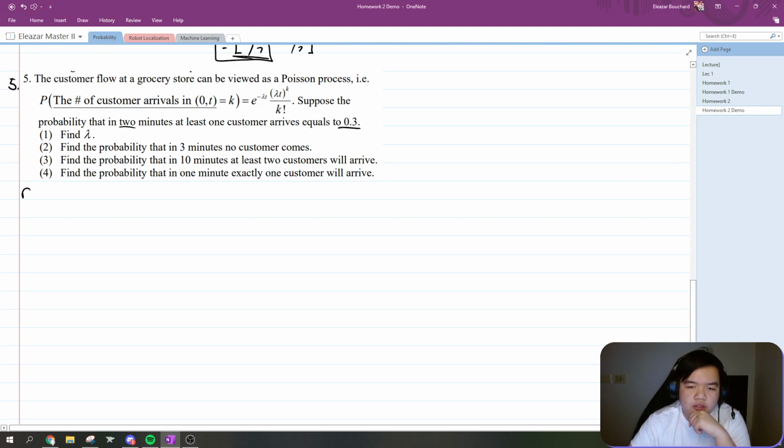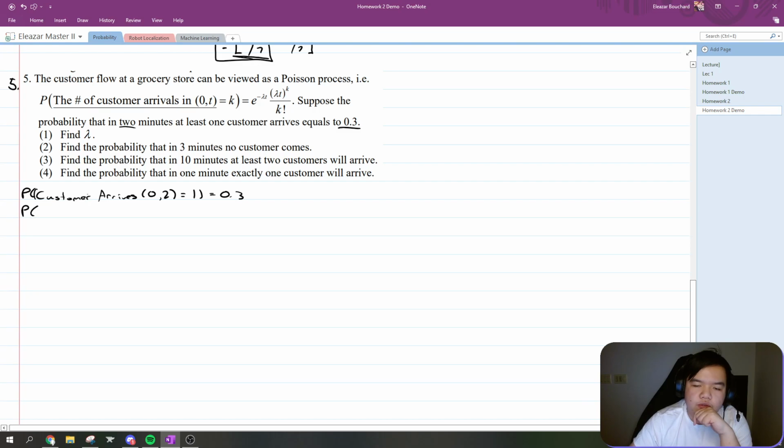So what does that mean? The probability that a customer arrives from 0 to 2 is equal to 0.3.